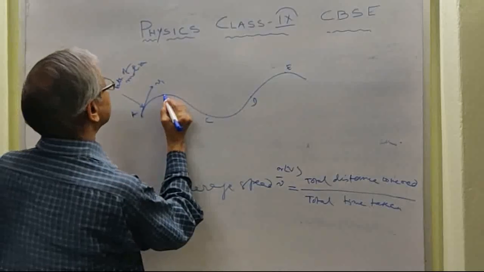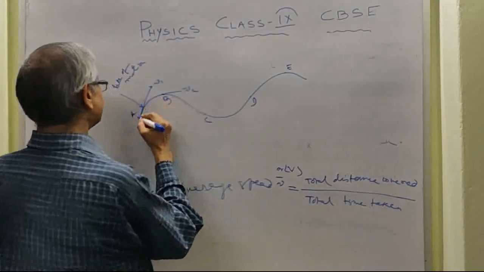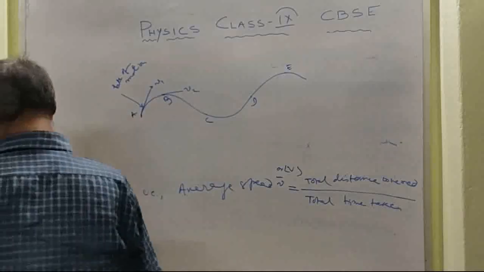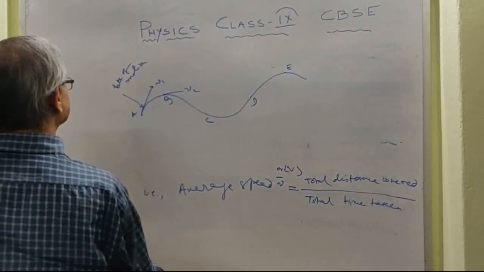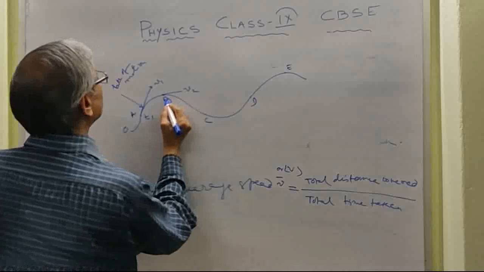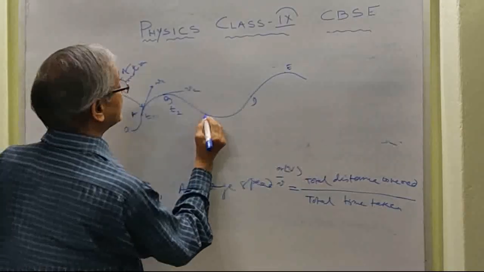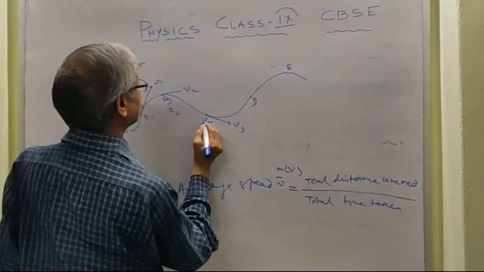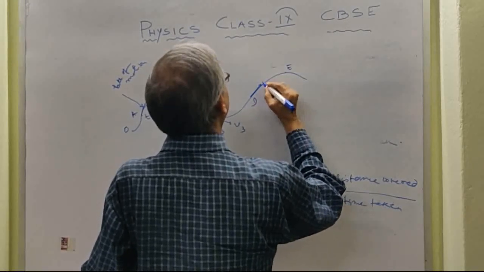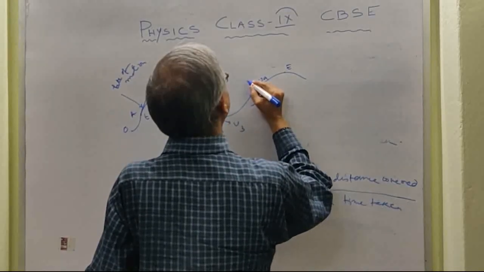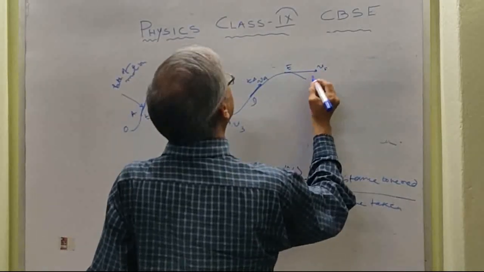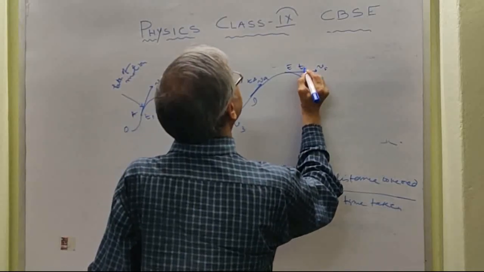Velocity at B is v2. The time taken by the body to reach from some point O to A is t1, from A to B the time taken is t2, velocity v3 with time taken t3, velocity v4 with time taken t4, and velocity v5 with time taken t5.